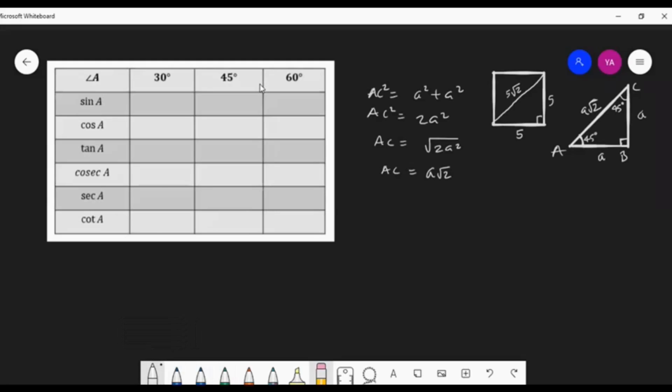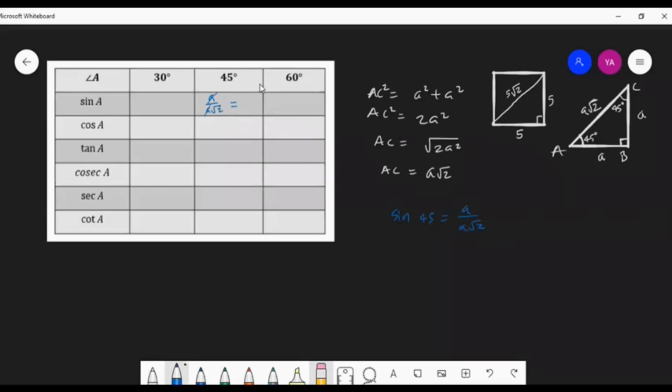Giving the values in terms of A, it is A by A root 2. I am filling this in the table. So sine 45 is equal to A by A root 2, and here itself we can simplify this. A can be cancelled, right?